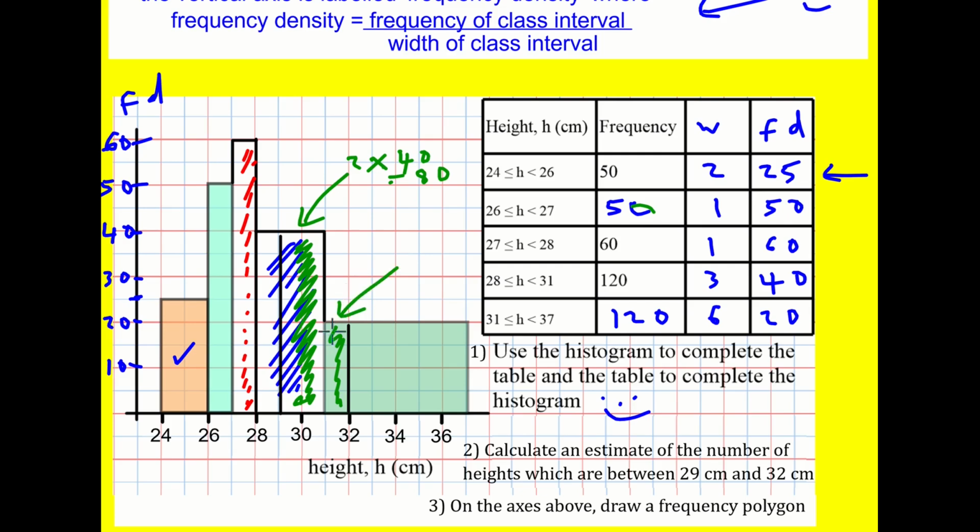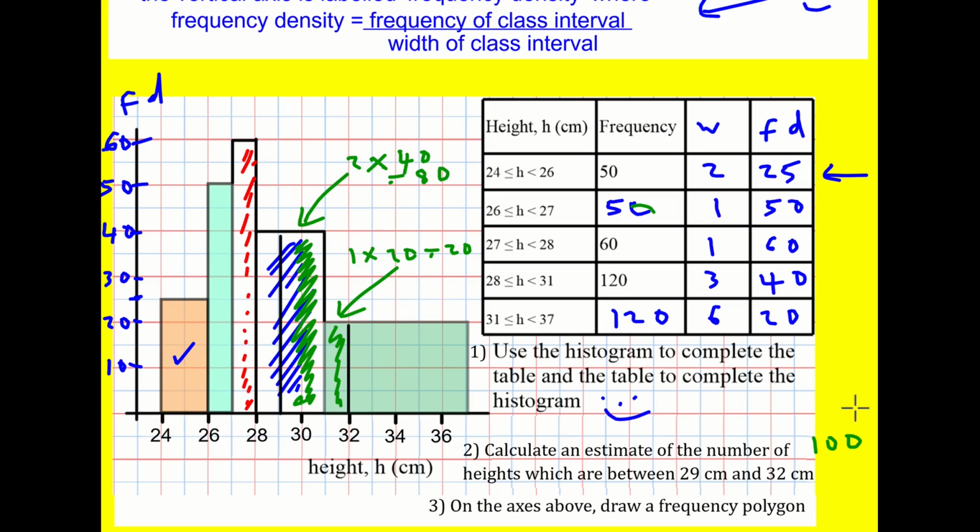And then this little bit, I know it's all in green, but hopefully this is clear enough, is going to be 1 times 20, which is obviously 20. Nice one. So calculate an estimate. It's going to be 100, 80 plus 20.